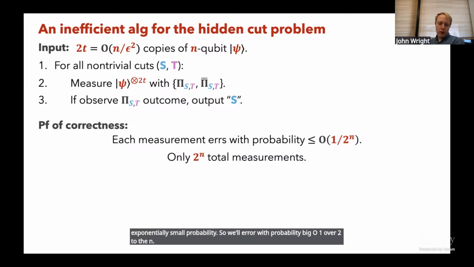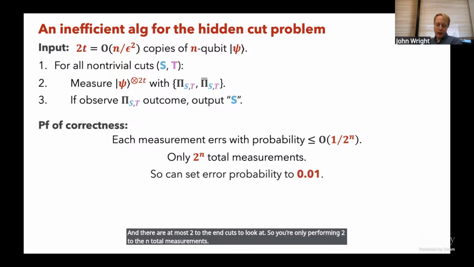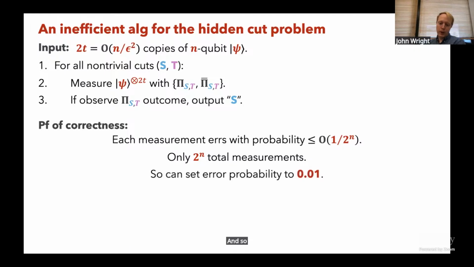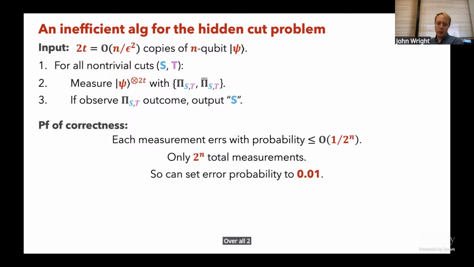And there are at most 2 to the n cuts to look at, so you're only performing 2 to the n total measurements. So if we want, we can make this big O of 1 over 2 to the n small enough so that when we union bound over all 2 to the n measurements that we perform, the error probability is some very small constant, say 0.01.